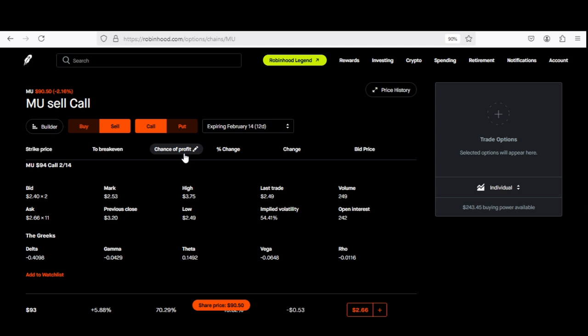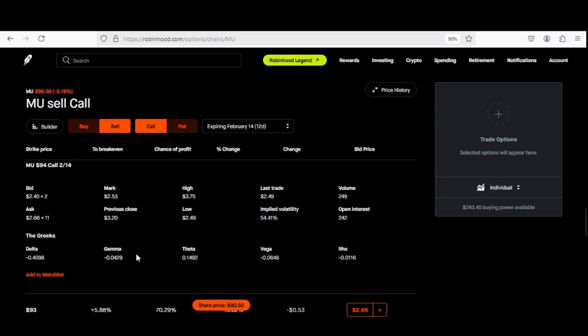So if MU share price was to move up by $1, your entire option is going to move up by your delta, which is going to be 0.40. Once again, we just mentioned contract. Each contract is $100. So your overall option is going to be moving by $40. 0.40 multiplied by 100. Now your gamma.